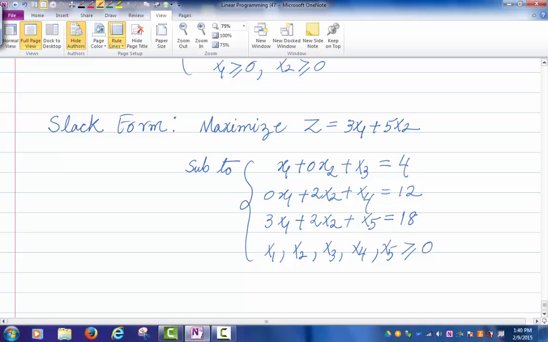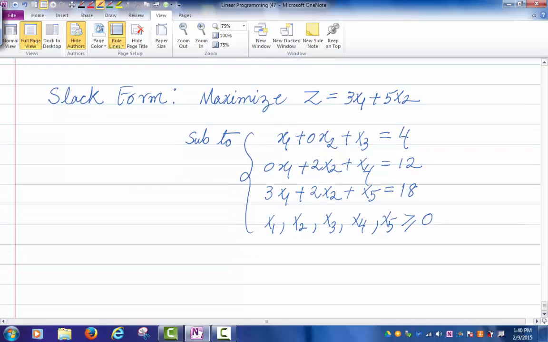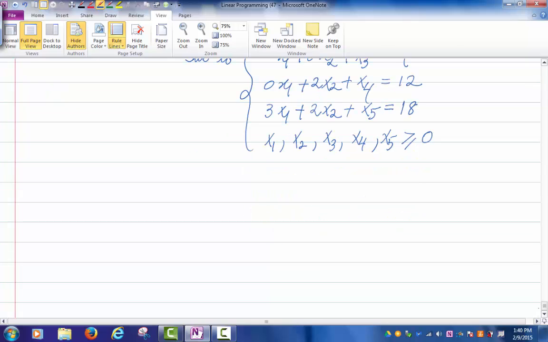Now, let me point out one thing about what we are doing in a general sense. A standard LP looks like: maximize Z, which is c transpose times x.